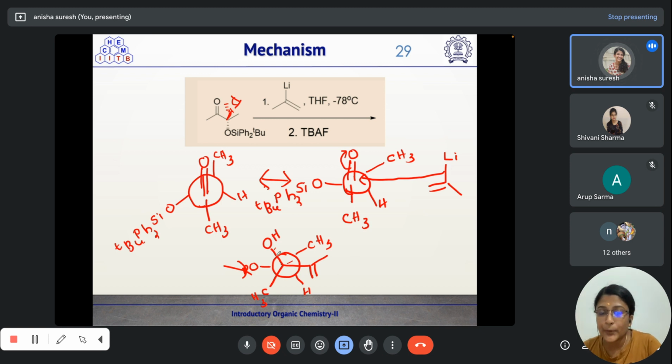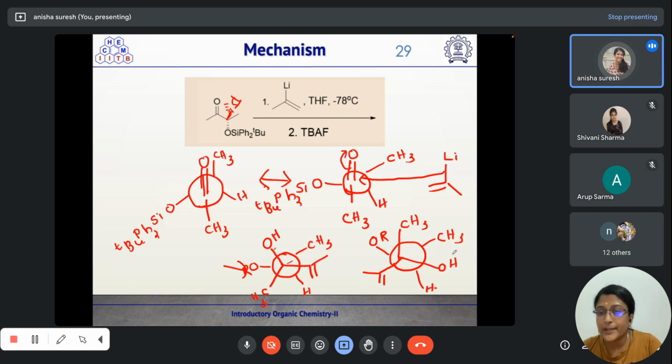Now we have to redraw it in such a way that the bulky chain or the longest chain will be coming in plane. So we can rotate this front carbon in such a way that the CH3 and this group are coming opposite to each other. So we rotated it. Now CH3 will come here, and this alcohol will be coming here. The back carbon remains as it is.